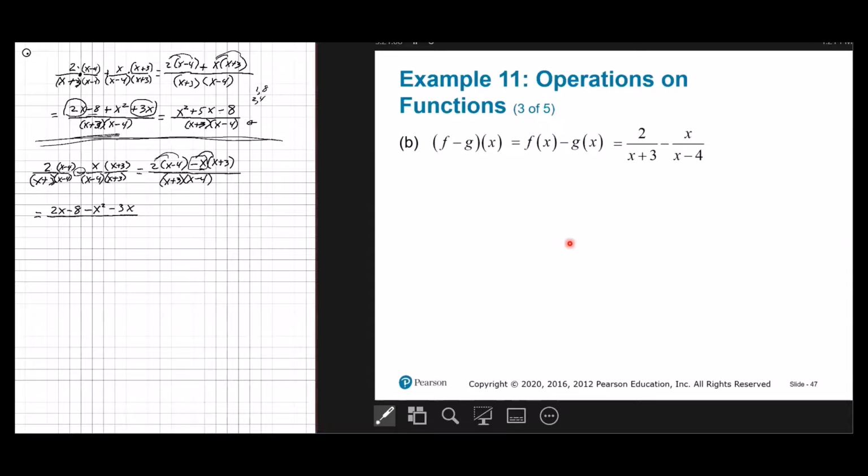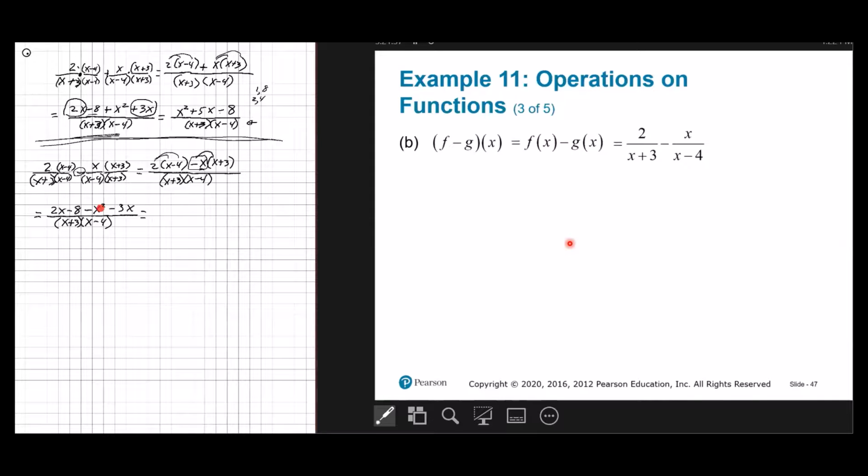And my denominator remained the same. x plus 3 times x minus 4. Again, I did not multiply my denominator out because I might be able to reduce the fraction.